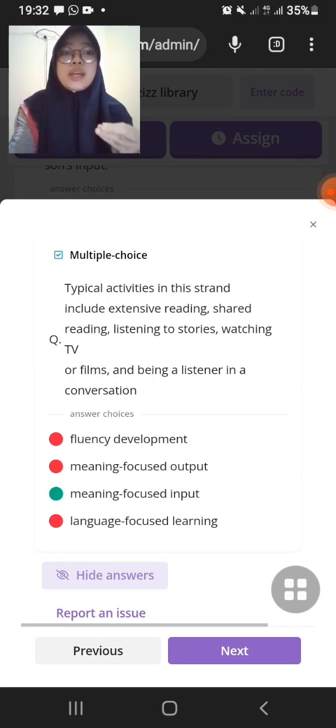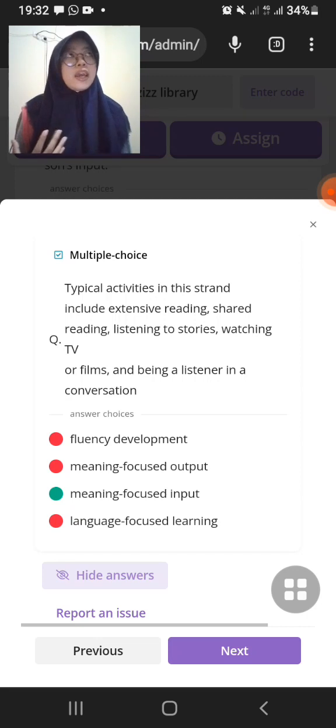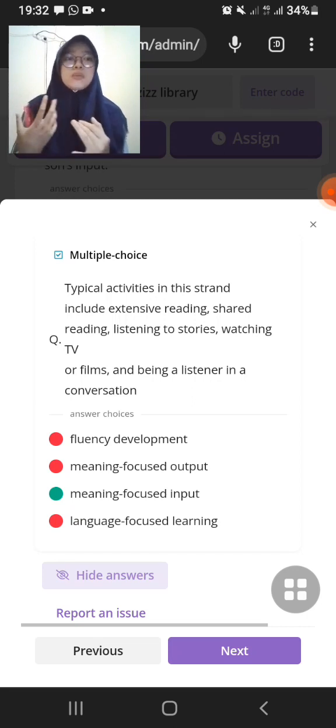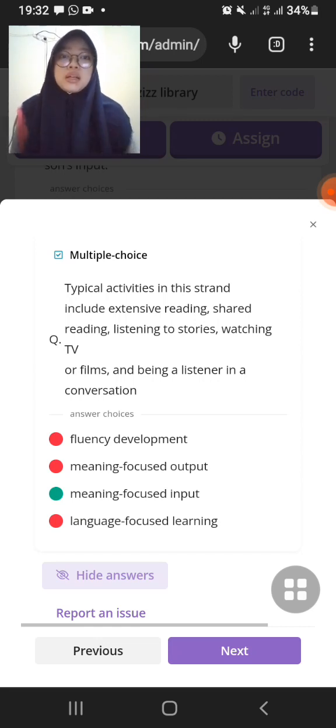In this strand, the focus should be on trying to understand, gain knowledge, and enjoy what you are listening and reading about. Activities include watching TV shows or movies, intensive reading, listening to radio or music, or being a listener in a conversation.